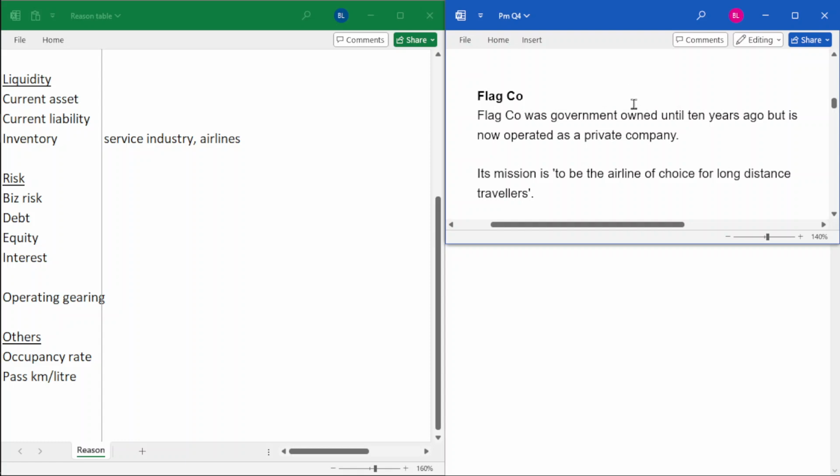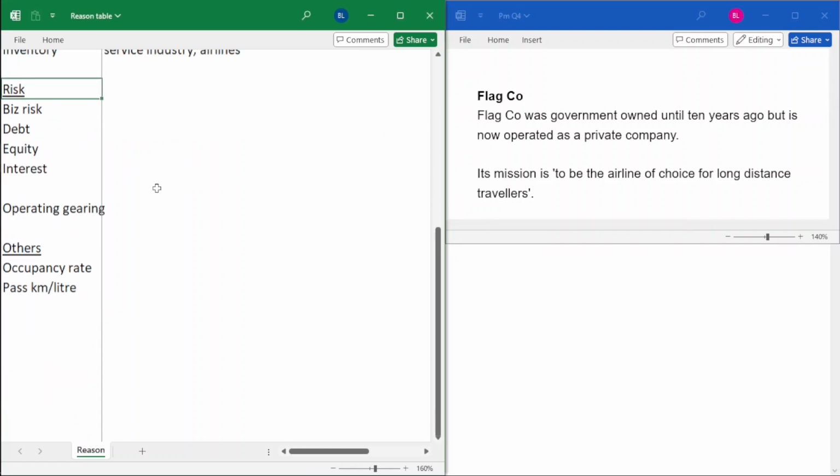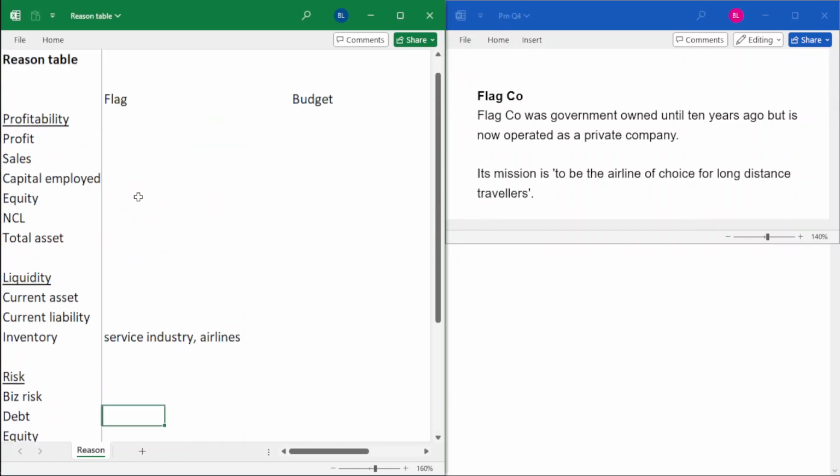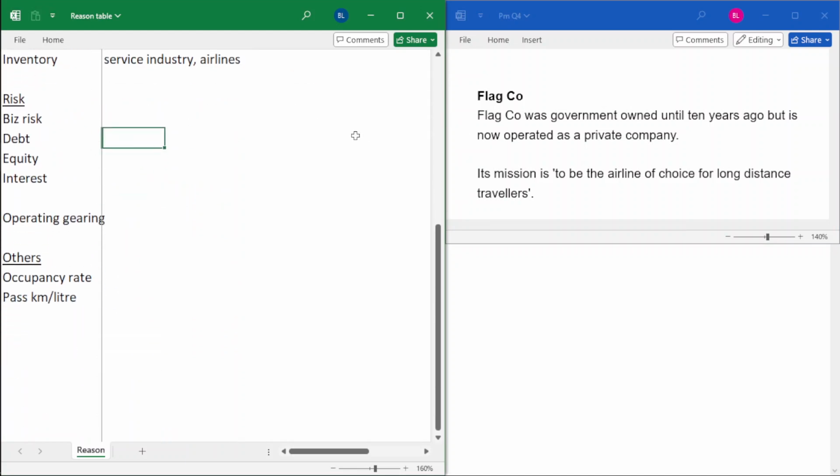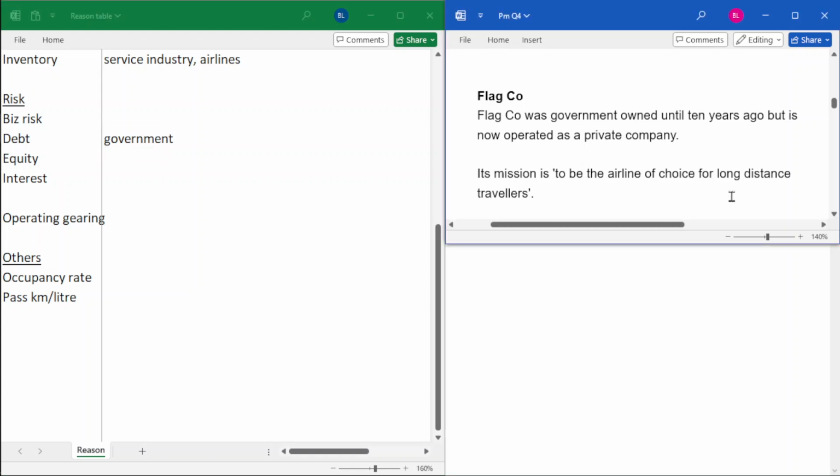Flag code was government owned. So let's put inside the tab here for flag. So I put government. Then the mission is to be the airline of choice for long distance travelers.